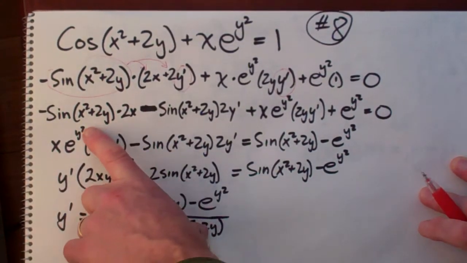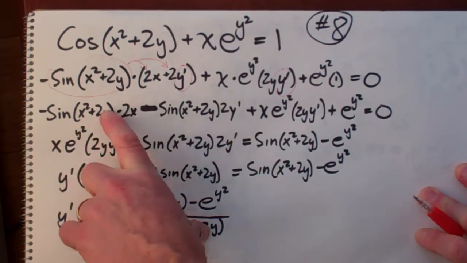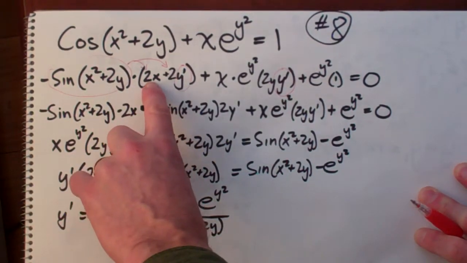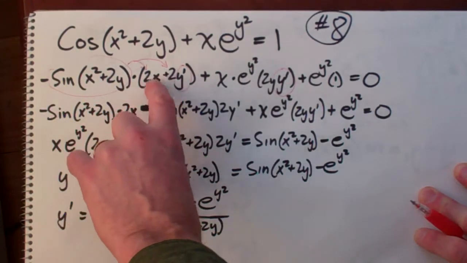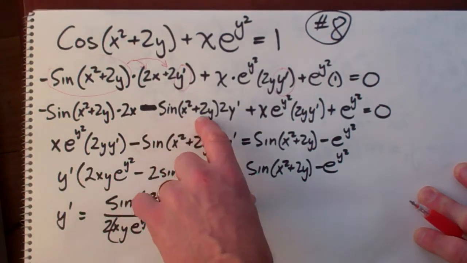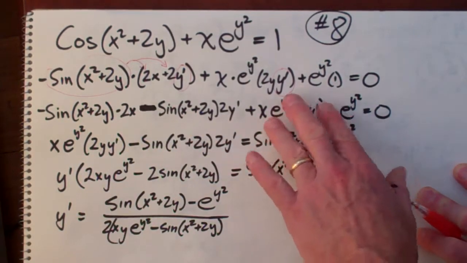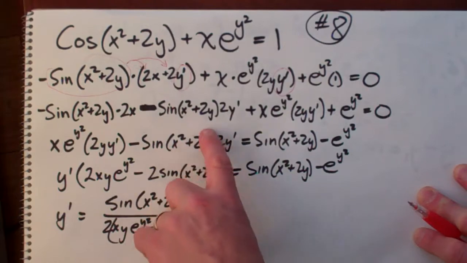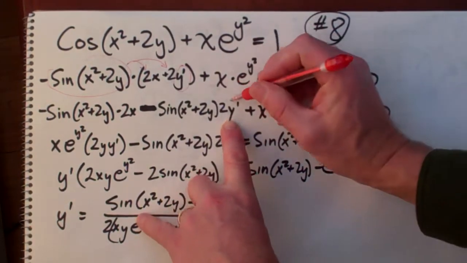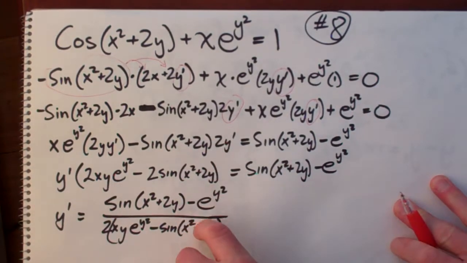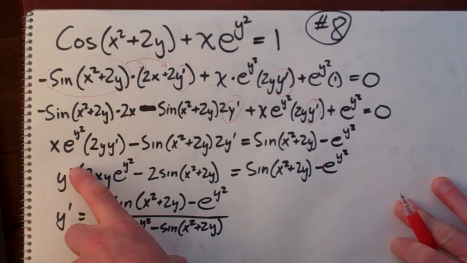That's what some of you guys are making a mistake with in class. So when I distribute that, I get minus the sine times the 2x, and then the minus sine times the plus gives me the minus sine with the 2y prime. Once I've distributed it, I did not change this side at all. I then bring the y primes, again there's my 1y prime there and my 1y prime there, and I bring them over to the left hand side.